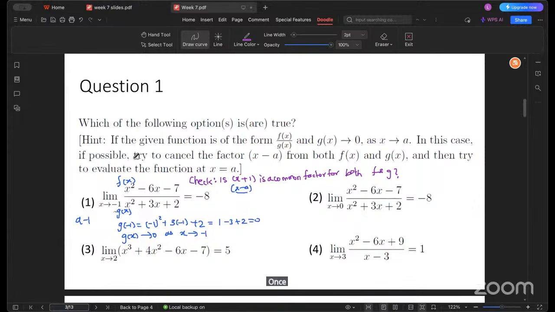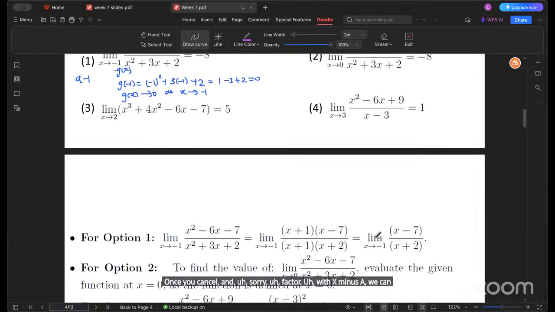Once we cancel the factor x minus a, we can cancel these common terms, and then the limit as x goes to minus 1 of x minus 7 over x plus 2. Now you see that if I'm approaching minus 1, the denominator is not going to 0, and hence now I can directly apply the limit.